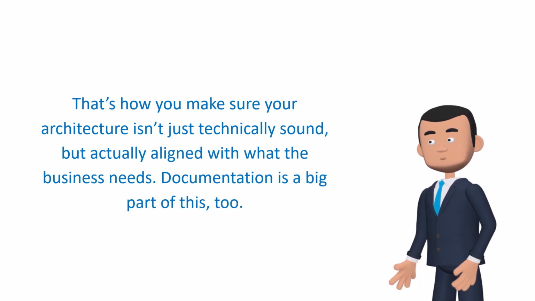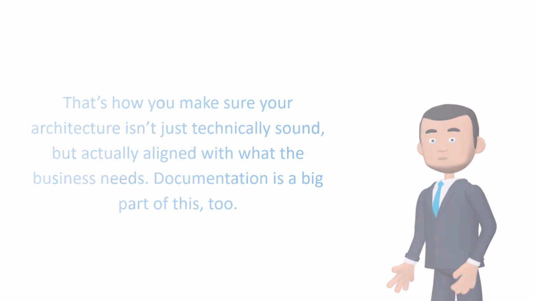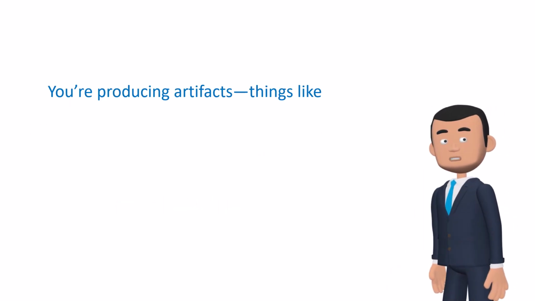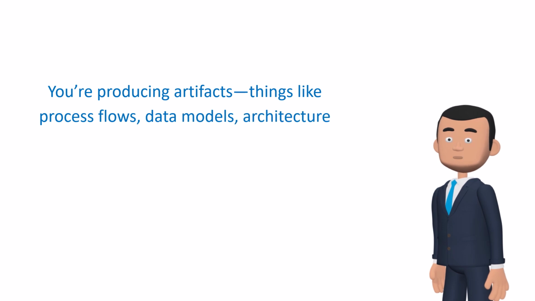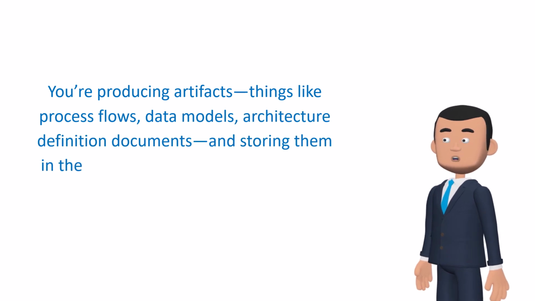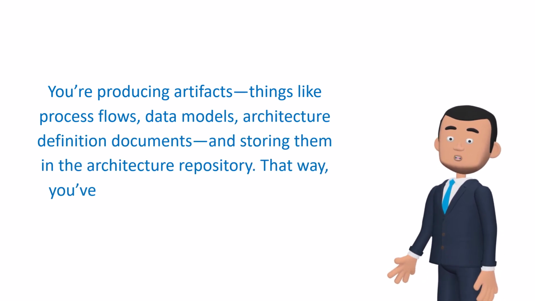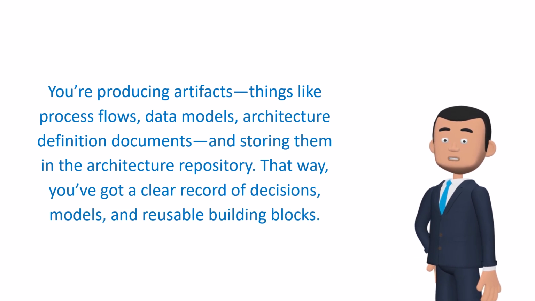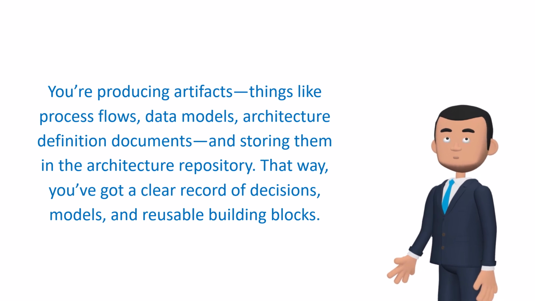Documentation is a big part of this too. You're producing artifacts, things like process flows, data models, architecture definition documents, and storing them in the architecture repository. That way, you've got a clear record of decisions, models, and reusable building blocks.